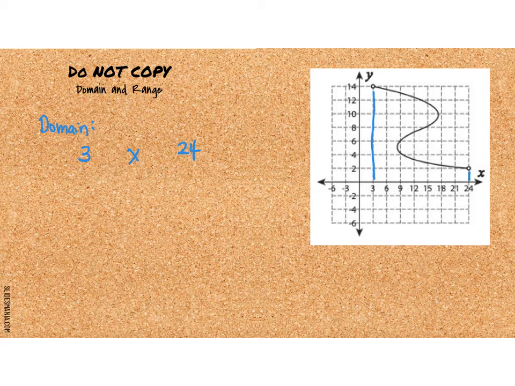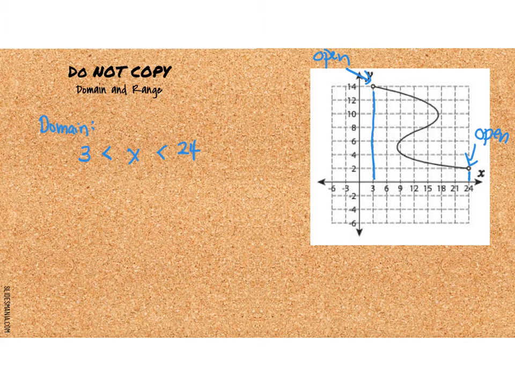Now notice that both of these are open. This one's open and this one's open, and that's fine. We can have both of them be open. So that means this is less than and this is less than. That means it does not include 3 and 24 as solutions. Anything in between is a solution.